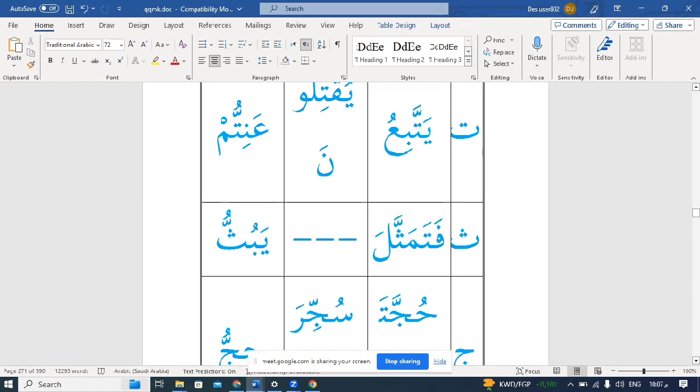Okay, let me ask you a question. If you have in your language a word ending with a consonant letter and another word starting with a vowel letter, what do we have to do to pronounce these two words?